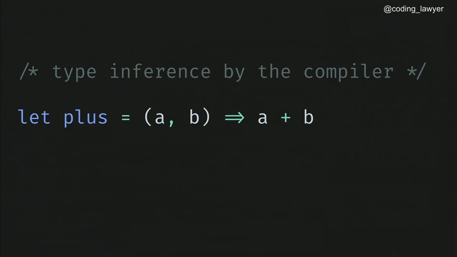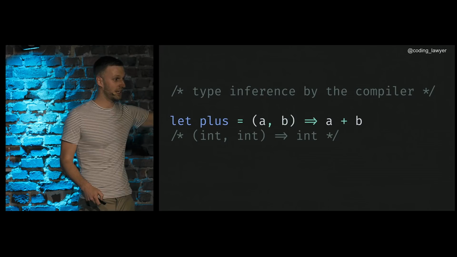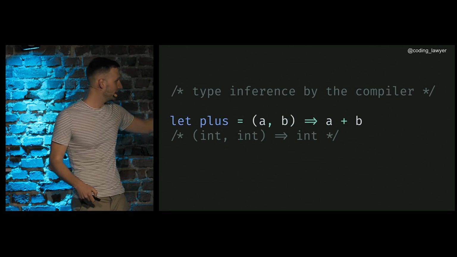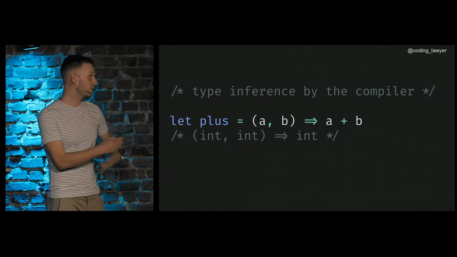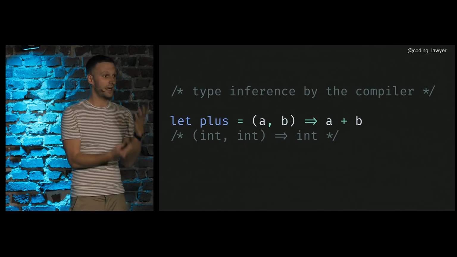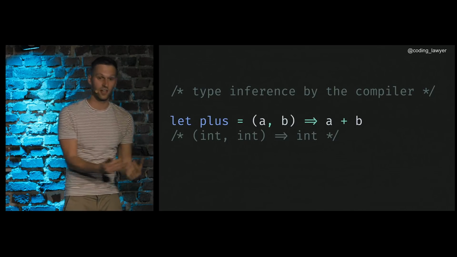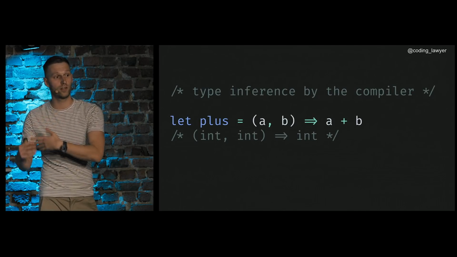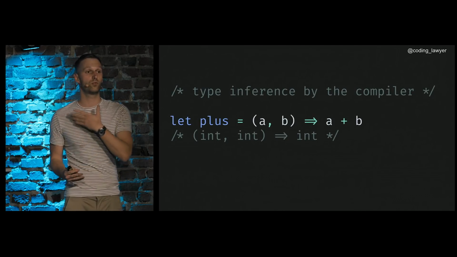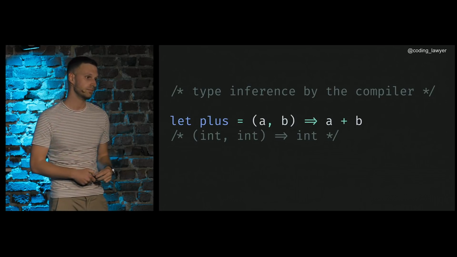And you can see we haven't written any types. But what the Reason compiler will do for us, it will infer them. It sees that we are adding a and b together, so it figures out that they are all integers. And this is pretty powerful because you have this type safety on the one hand, and you still have smoother development because you don't need to write types all the time.